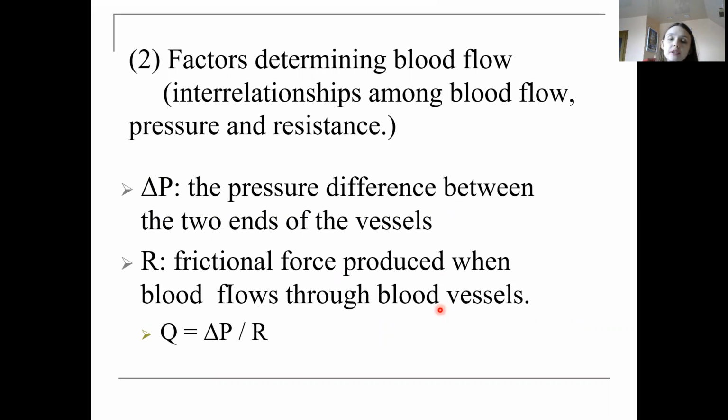The first factor is the interrelationship among blood flow, pressure, and resistance. When we want to identify the value of cardiac output, we first of all need to look at the difference of pressure at the beginning and at the end of the vessels.